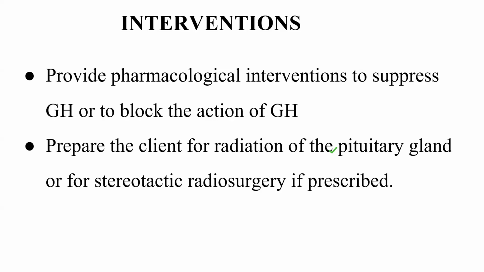We said chemotherapy has the ability of killing both the normal cells and the cancerous cells, while radiotherapy has the ability to differentiate between the normal cells and the cancerous cells. That's why radiotherapy is being used in this case. So we want to prepare the client for radiation of the pituitary gland or the stereotactic radiosurgery if prescribed. There's a surgery which is the stereotactic radiosurgery, but most of the time it is radiation therapy that is done.